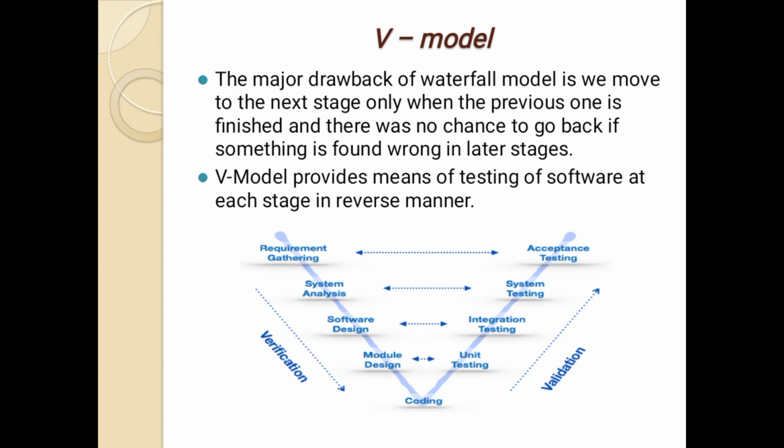V model provides means of testing of software at each stage in a reverse manner. At every stage, test plans and cases are created to verify and validate the product according to the requirements of that stage.